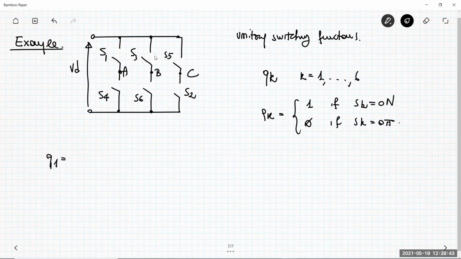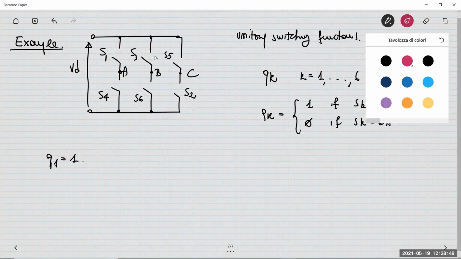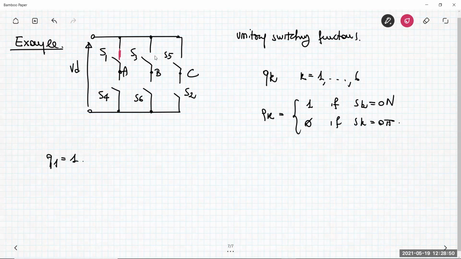Q1 equal to 1 means that this switch is closed.